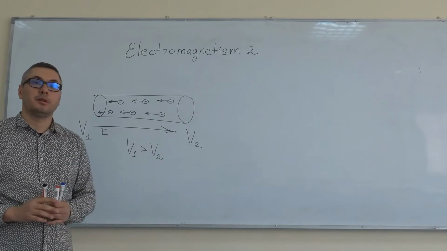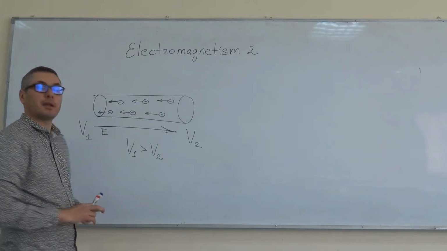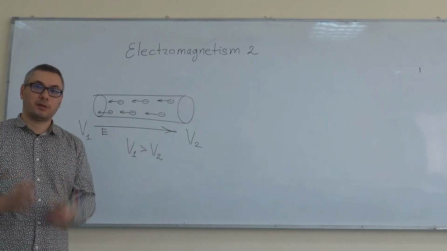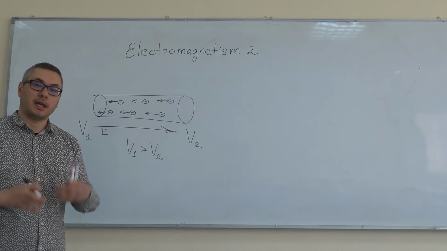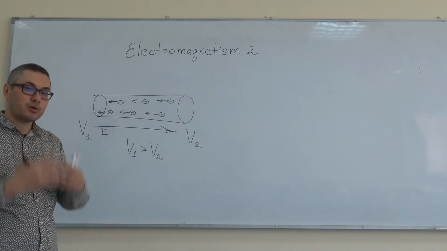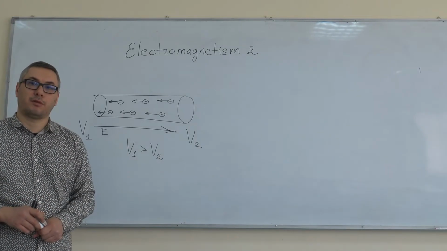In this model, thinking of the motion of electrons is not very convenient because the direction of the motion of electrons is opposite to the direction of the electric field. Instead of thinking of electrons, let's think about positive particles which are moving along the direction of the electric field.